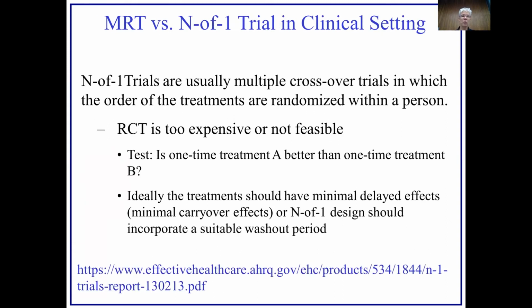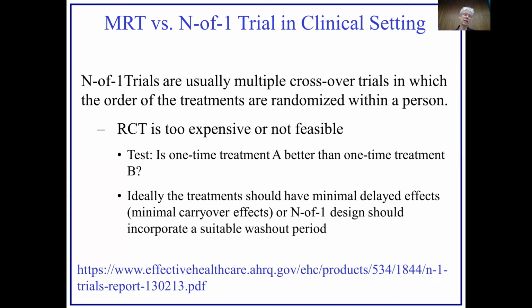Okay, so I wanted to contrast micro-randomized trials with N-of-1 trials, which are incredibly interesting. It appears to me as if N-of-1 trials originated independently in 2 different communities, and it's quite interesting. These are trials where you have one or a small number of participants, and you conduct multiple crossover trials within that person, in which the order of the treatments is randomized within a person.